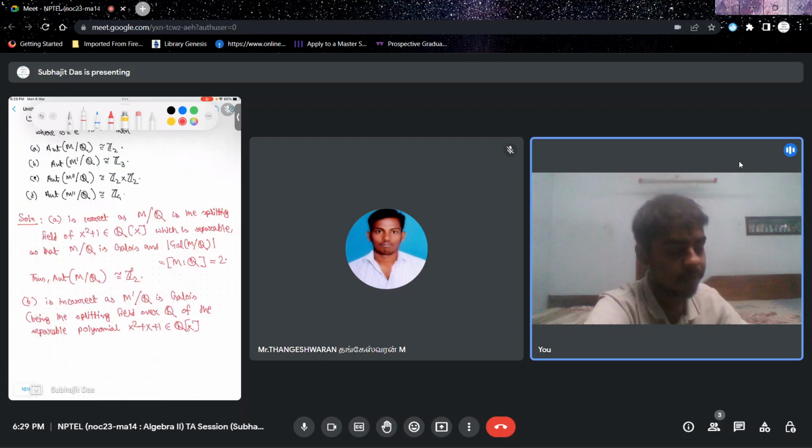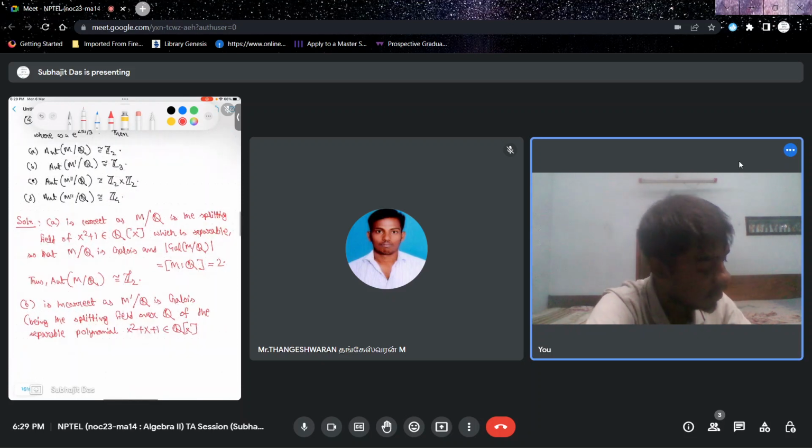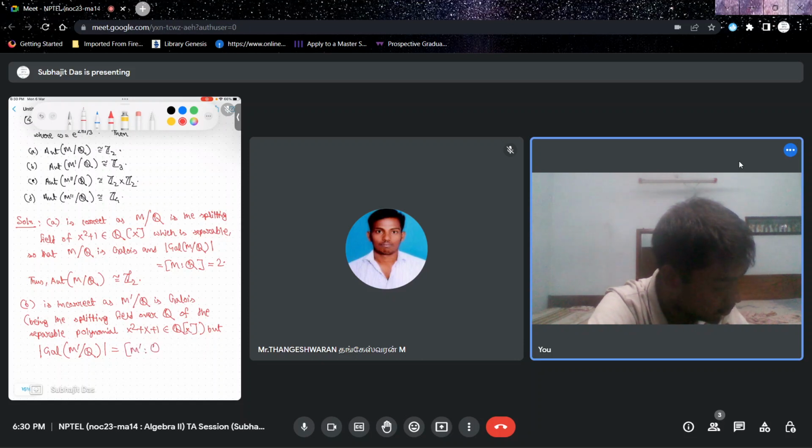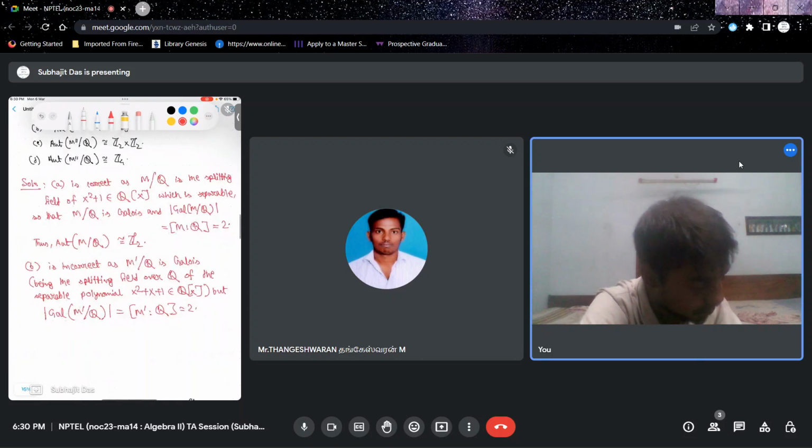M prime is clearly the splitting field of this. M prime is just Q adjoint with e to the power 2 pi I by 3, right? But cardinality of the Galois group or automorphism group of M prime over Q is exactly equal to the degree of M prime over Q, which is 2 and not 3. So the automorphism group cannot be Z3, it has to be Z2.